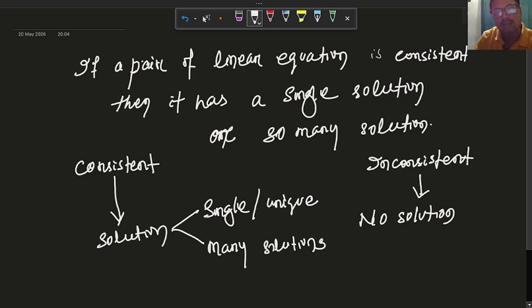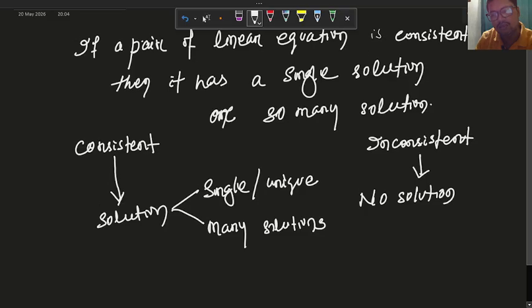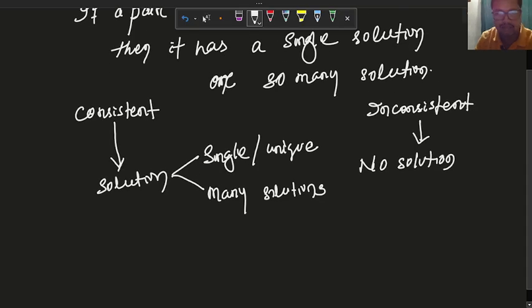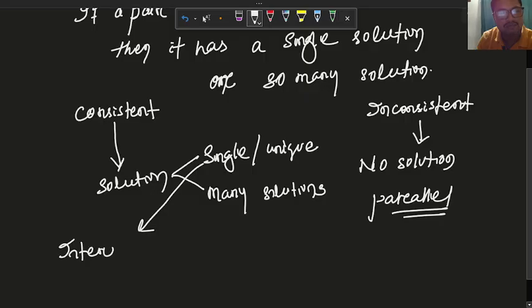If there is no solution, then their graphical representation must be parallel lines. But in case of consistent, if there is a single or unique solution, that means they are intersecting at a single point.